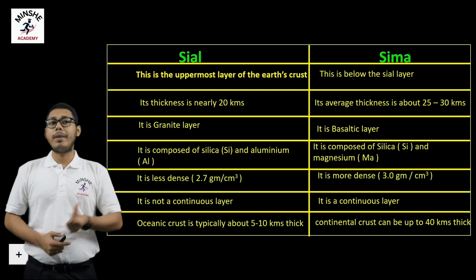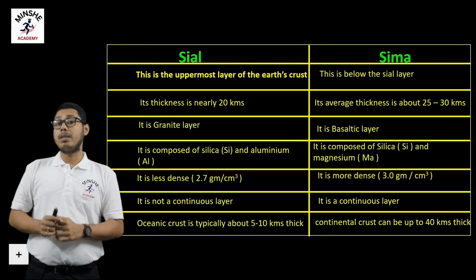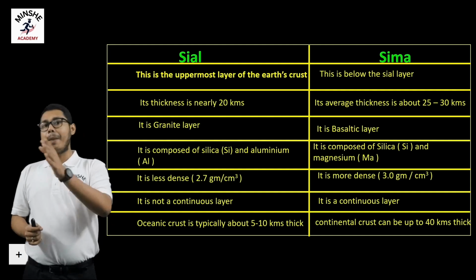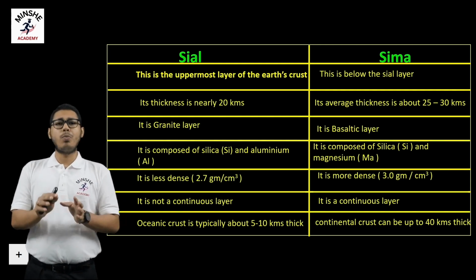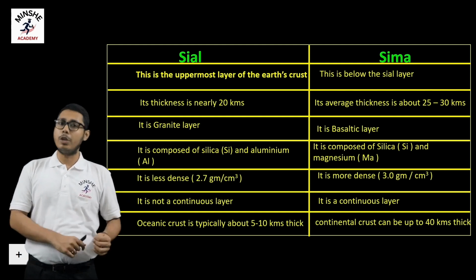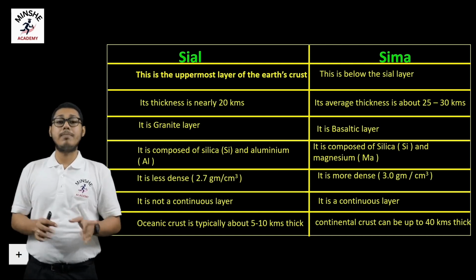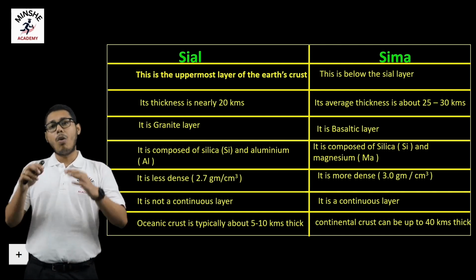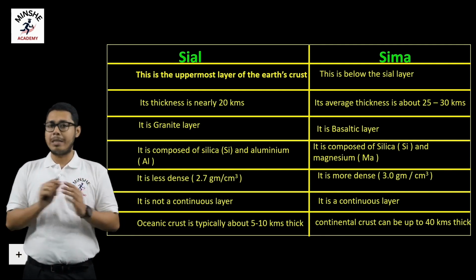Here, as I already mentioned, the chemical composition is silica and aluminium. In case of Sima, it's silicon and magnesium. Sial is less dense, about 2.7 gram per centimeter cube, and Sima is more dense, 3.0 gram per centimeter cube. Now, here comes a concept. Always, less dense material floats over more dense material.